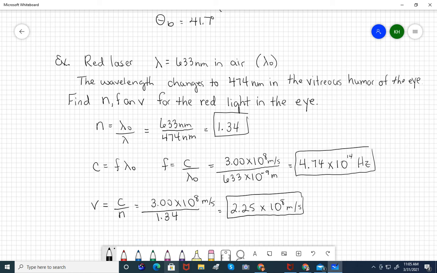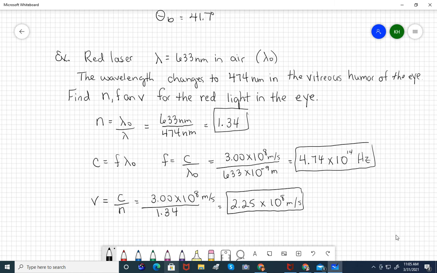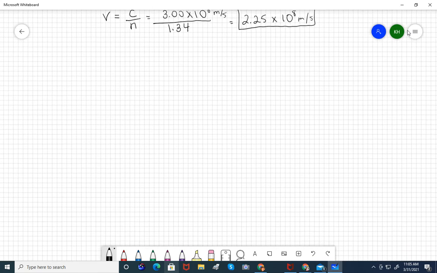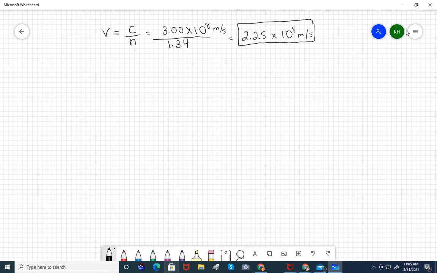We'll do a lot more examples when we are in class together of using these rules. I'm going to cover one more section in this video, and that's section 23.8, total internal reflection.